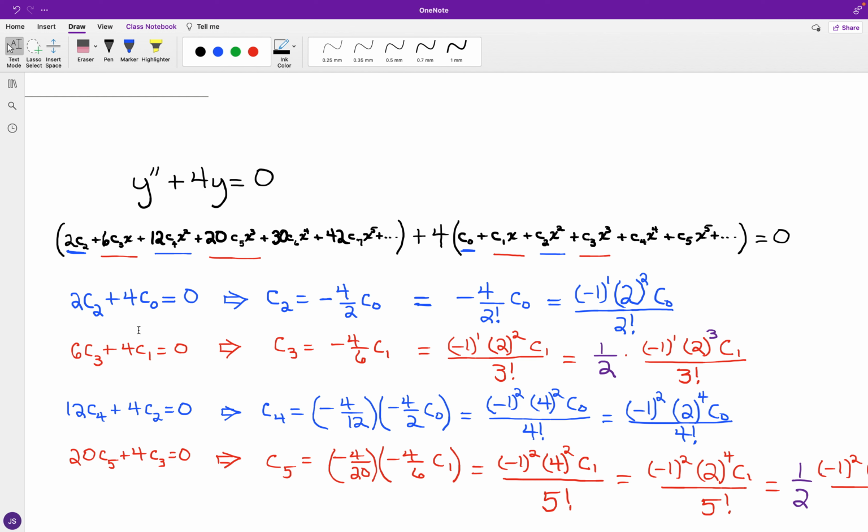For the leadoff, 2 c sub 2 plus 4 c naught is equal to 0, so c sub 2 is equal to negative 4 halves c naught.